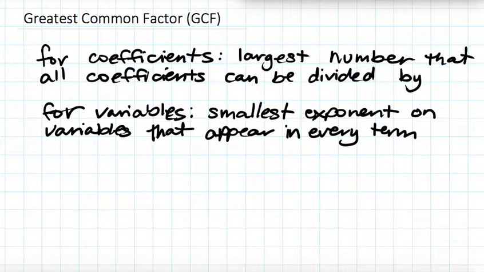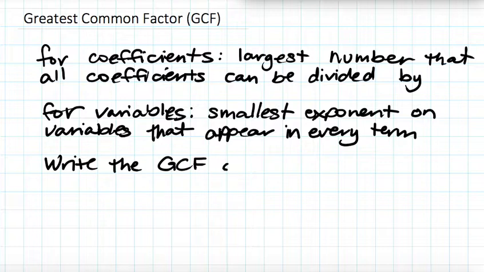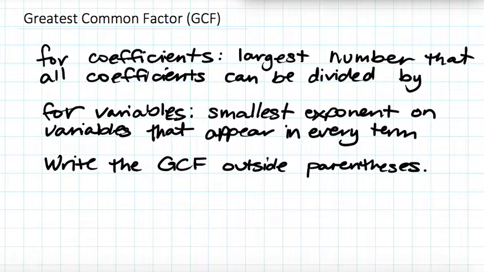GCF. So to factor out the greatest common factor, first you find the greatest common factor and you write it outside parentheses. And then you use the distributive property to find what goes inside the parentheses.